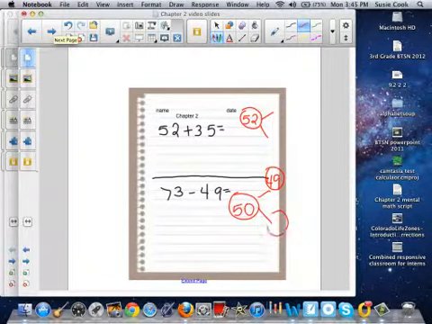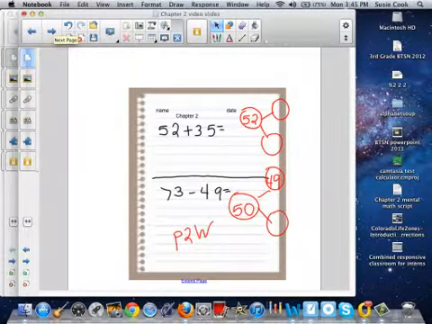I'm not going to give you the rest of it. Okay, P2W. And when you're finished, you can put your journals back in your backpacks, and we'll talk about these 2 examples tomorrow in school.